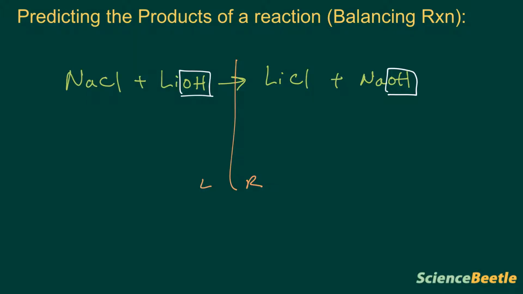Let me put those boxes on so that they don't mess with us. We notice here we've got one copy here, one copy there, one copy there, and one copy there. And that's really all it is in terms of balancing. Just count the atoms on both sides, make sure you have the right number, and then from there you can go on. So this is one example.